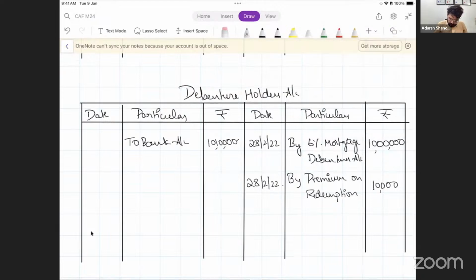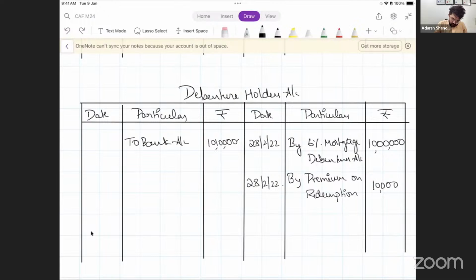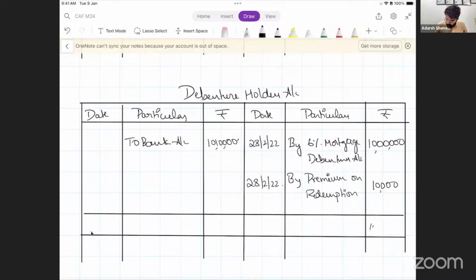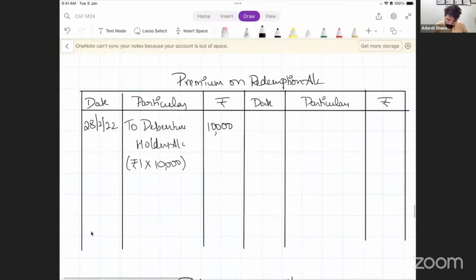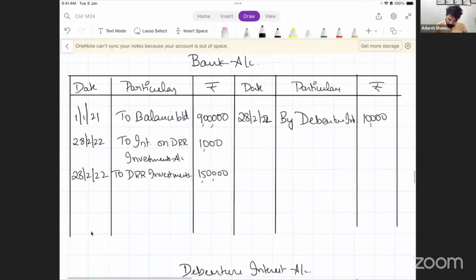Basically, the balancing figure in the account is also the total in this account. Payment.